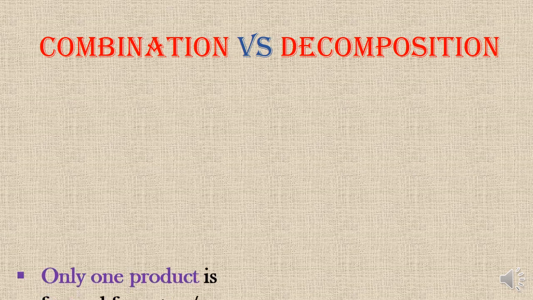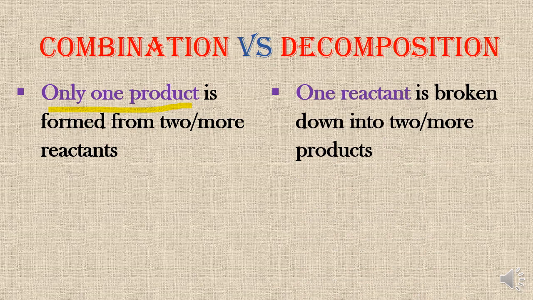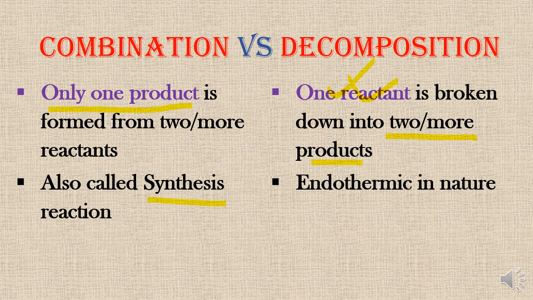To sum up, in combination reaction, only one product is formed, whereas in decomposition reaction, more than one product is formed from only one reactant. The combination reaction is also called synthesis reaction.